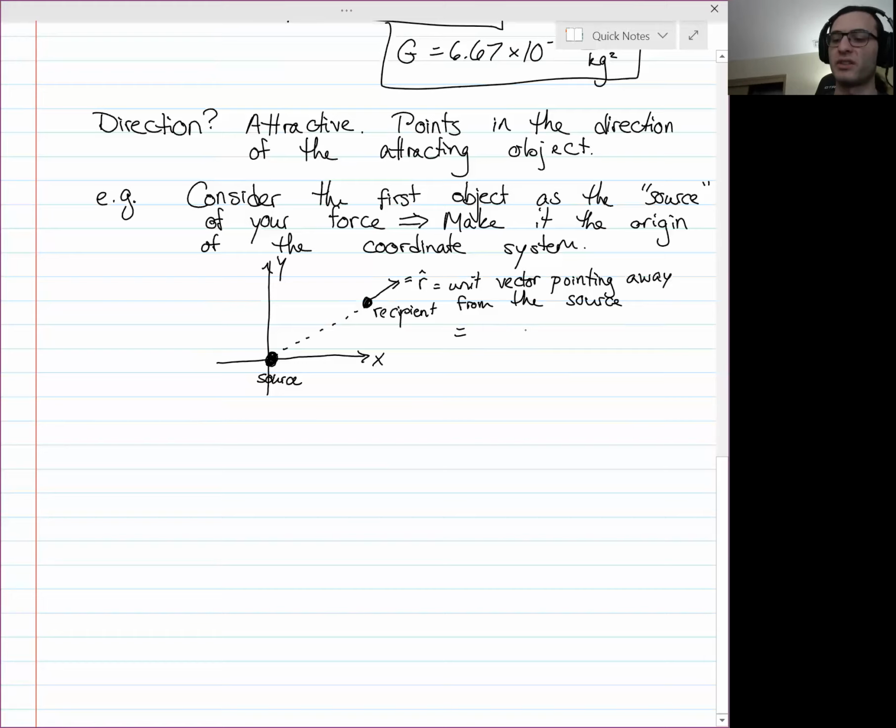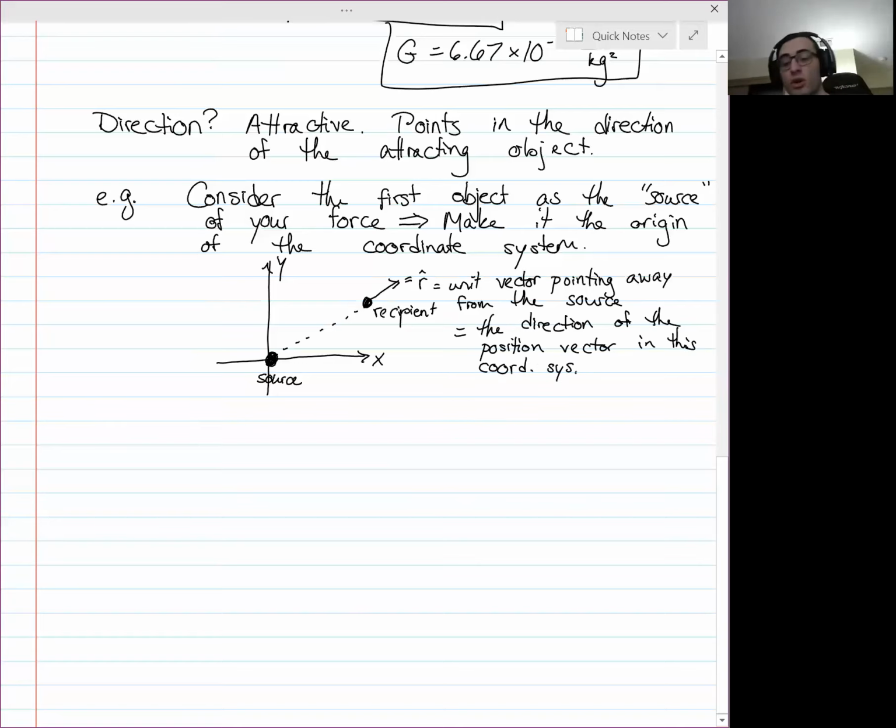It's in the same direction as the position vector. In this coordinate system, I chose to put the source at the origin. I didn't have to do that, but the unit vector r hat, when we're talking about gravity, is always the unit vector that points from the source to the recipient.